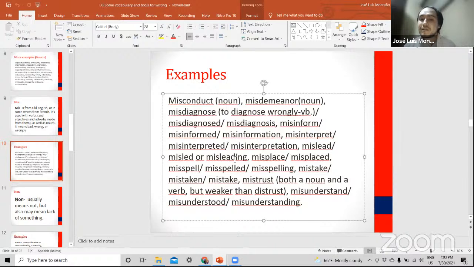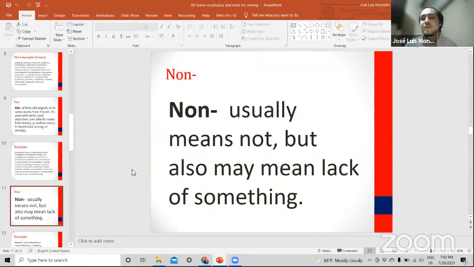Mislead, misleading, then misspelling, mistake, mistaken, mistrust, misunderstand, to understand in a bad way, to understand wrongly. No, that's not what I meant, I meant something different. You misunderstood me. That's the special thing with this prefix.